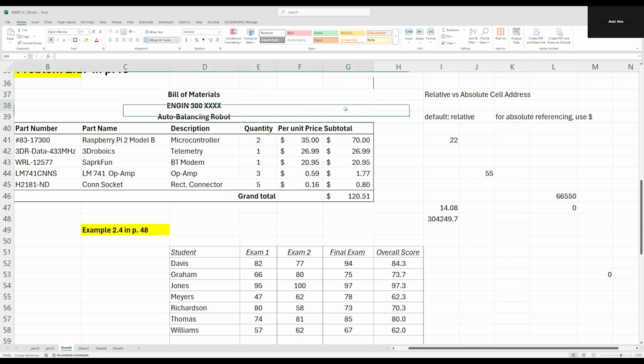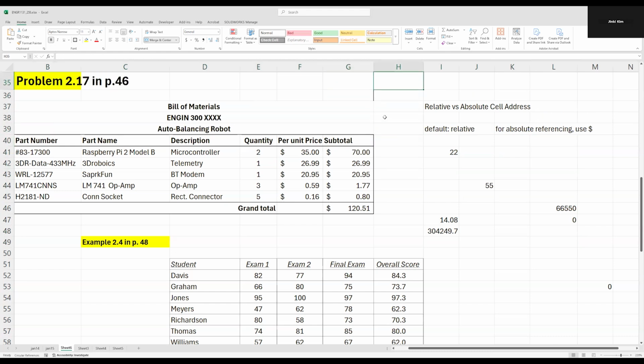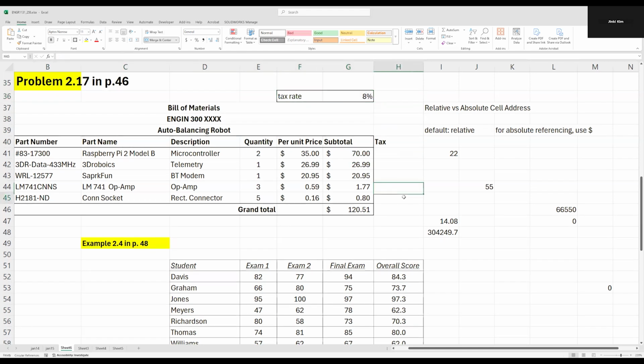Okay, so here I want you guys to try this activity where I want you to find the tax. Let's say the tax rate was 8%. Now your table is slightly updated like that. I want you to find the corresponding tax value and find the total here.